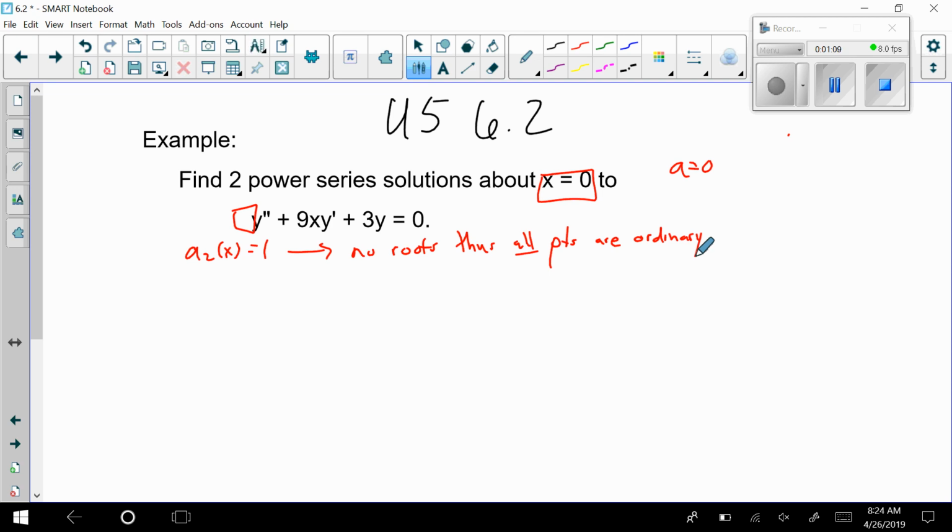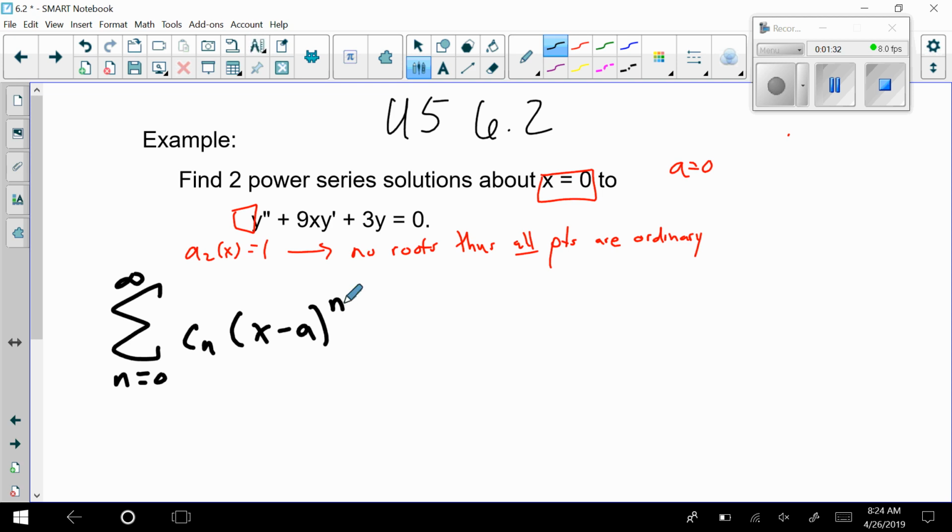So here's a key, right? Before, if the points are ordinary, we had this definition that it should take on the form of a power series: the sum from n equals 0 to infinity of c sub n times (x minus a) to the n.